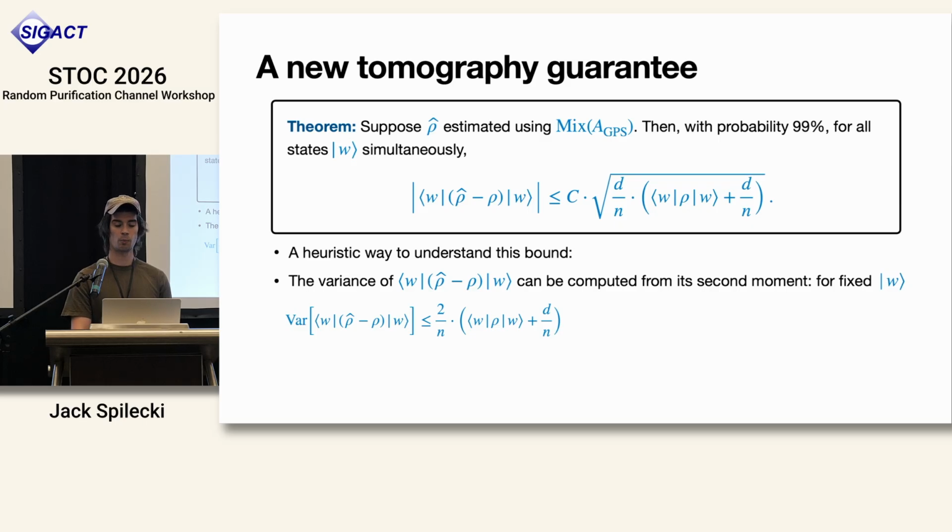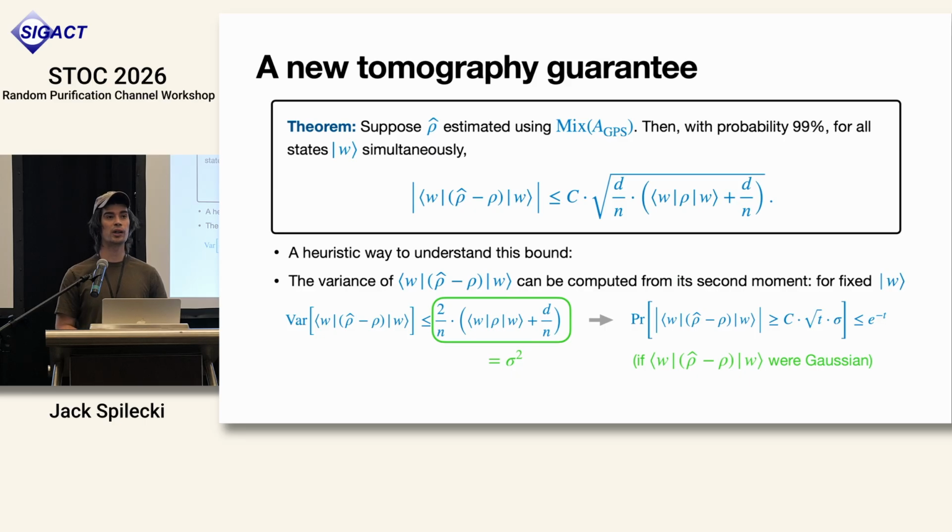Okay. And now, if you imagine that this fluctuation were distributed as a Gaussian with, say, standard deviation sigma, then we would have a bound on the probability that this fluctuation is more than square root t times sigma. And that bound would be exponential in minus t.